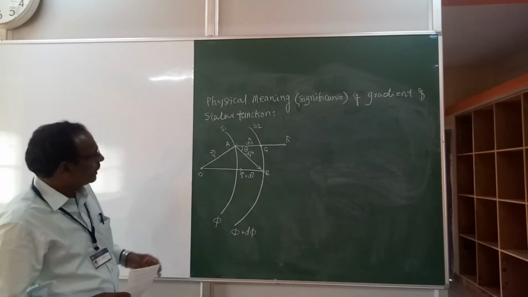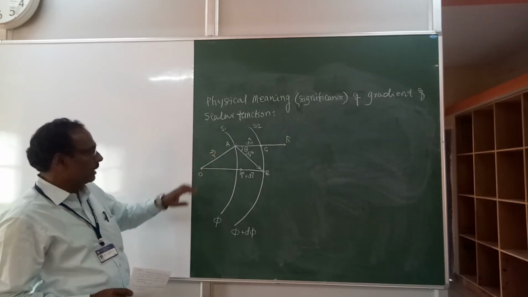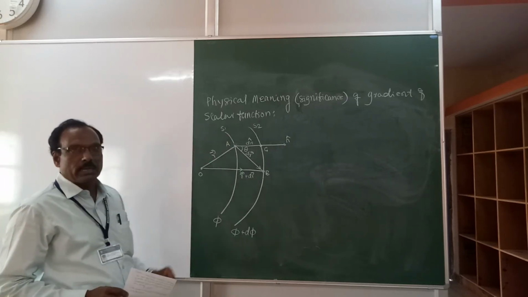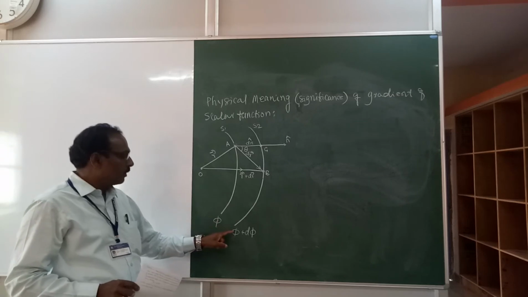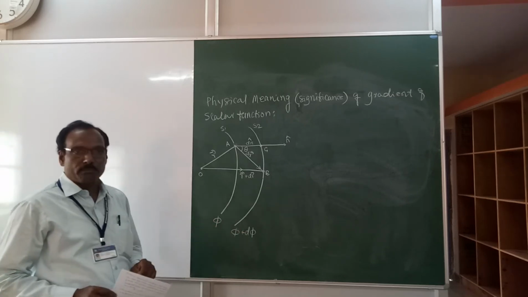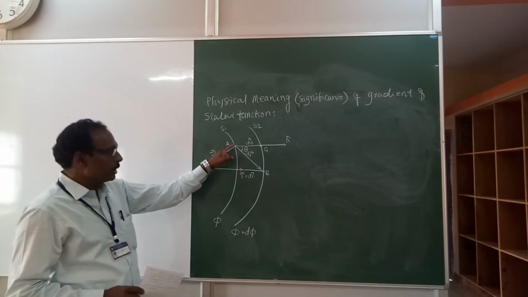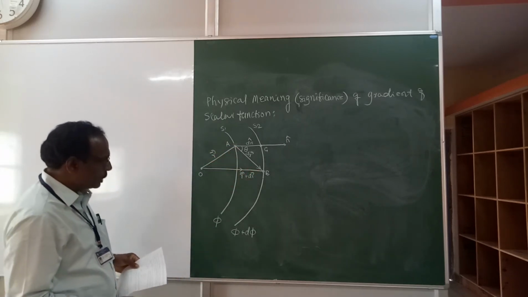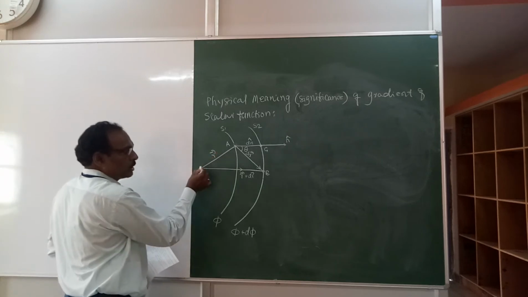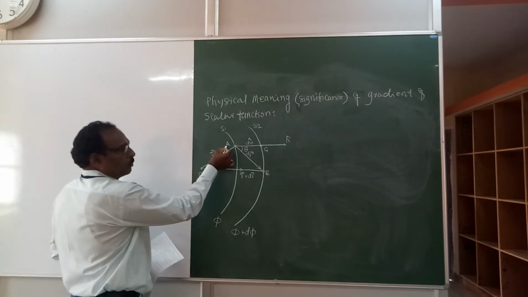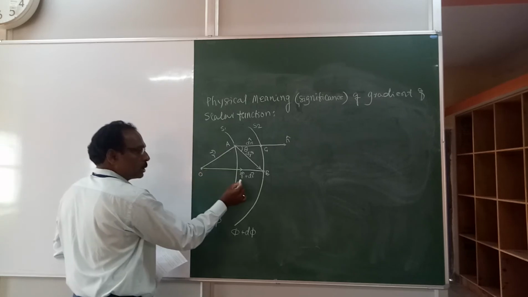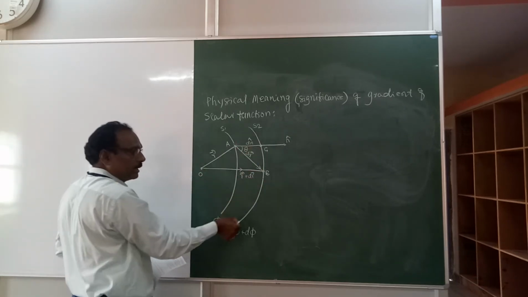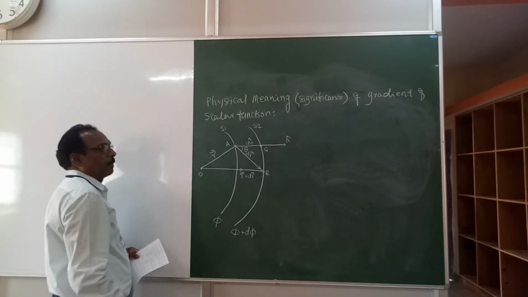So let me explain once again. Consider two level surfaces S1 and S2. Phi and phi plus d phi are the scalar functions. We are considering any two points A and B on the two surfaces. R is the position vector from O of point A. R plus dr is the position vector of point B on the other surface S2.